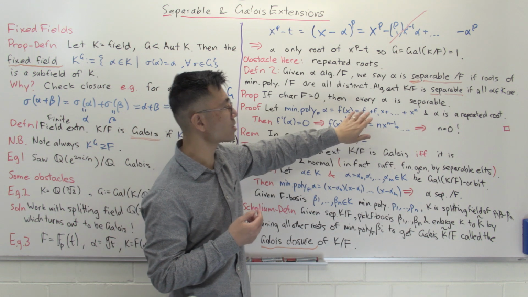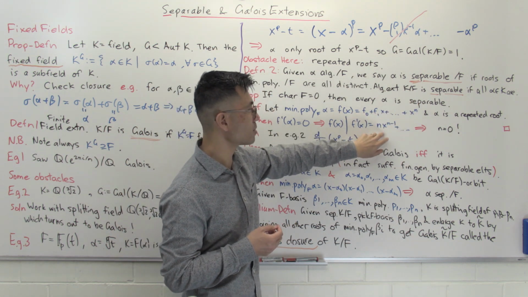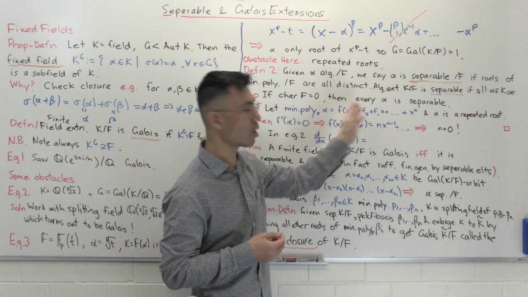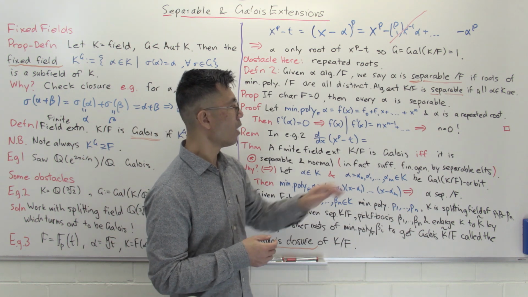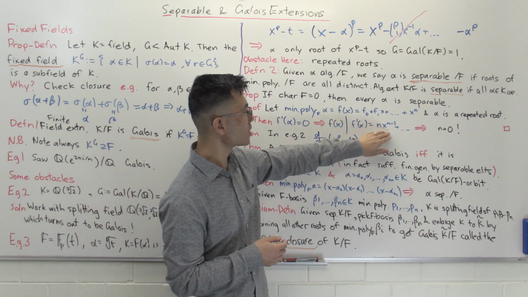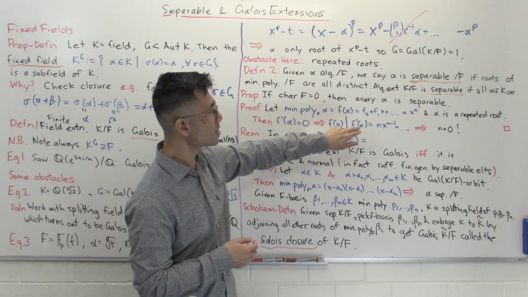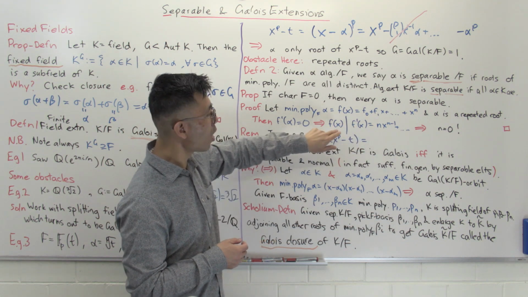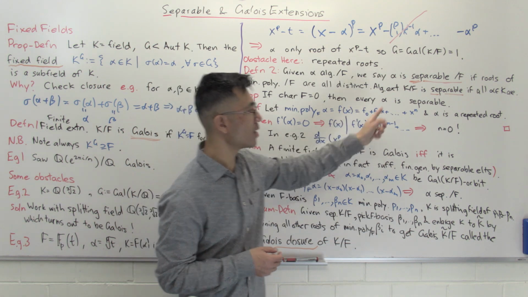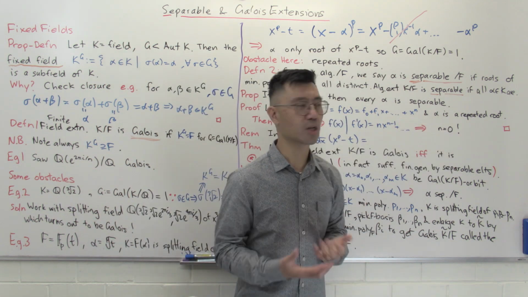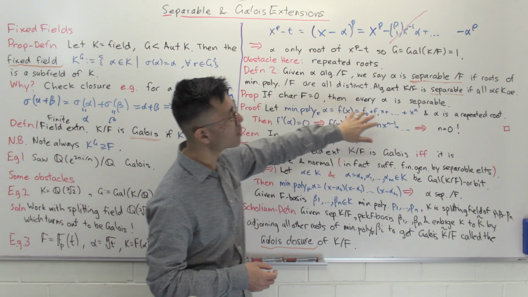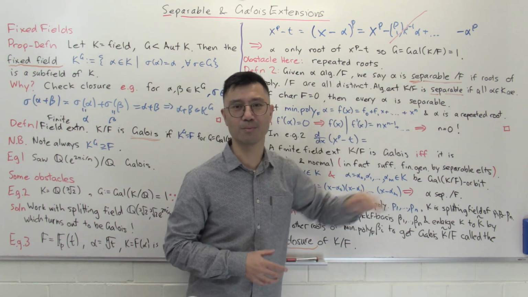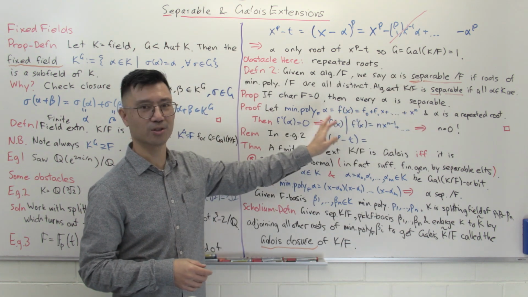So what's f prime of x? Let's differentiate: it's n times x to the n minus 1 plus all the lower order terms. This is degree n, and this is degree n minus 1, unless, of course, n equals 0. So there's no way this can divide that unless this is 0, so n equals 0. And that's how you get your contradiction, because the minimal polynomial can't be degree 0, it can't be a constant polynomial.